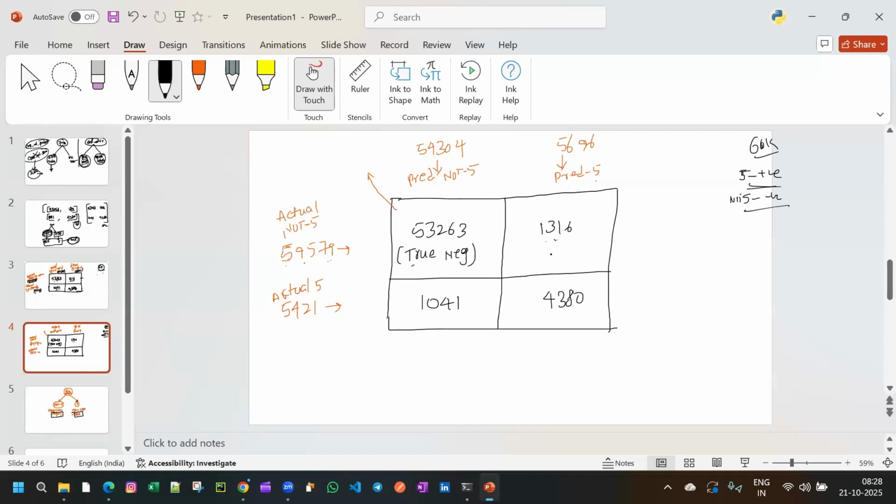Five is the positive class, right? So my model predicted positive, but it's a wrong positive. It's a false positive. Remember this word, false positives; you might hear it many times in your day-to-day working.